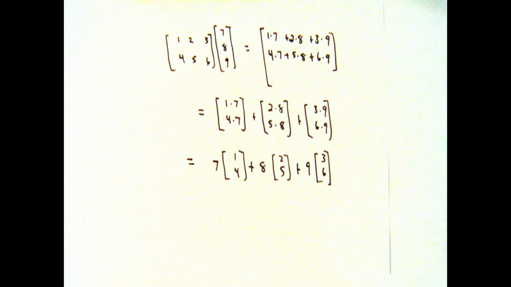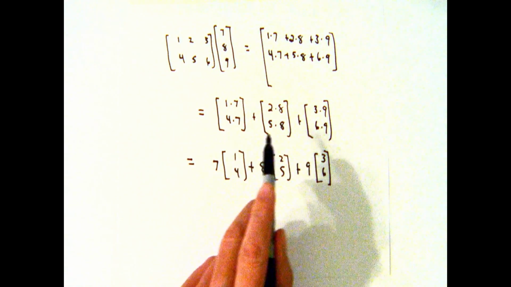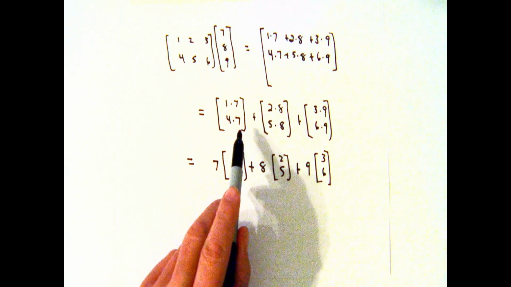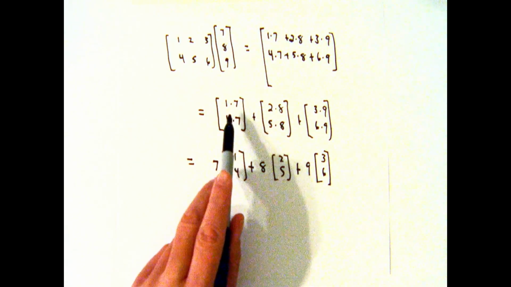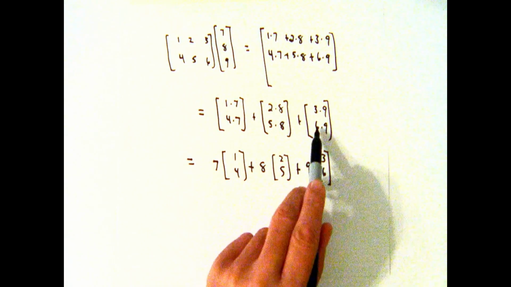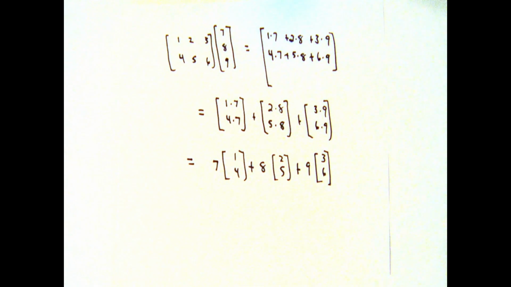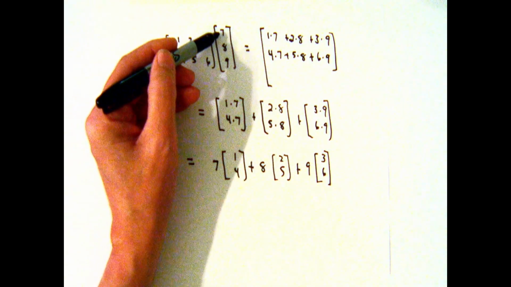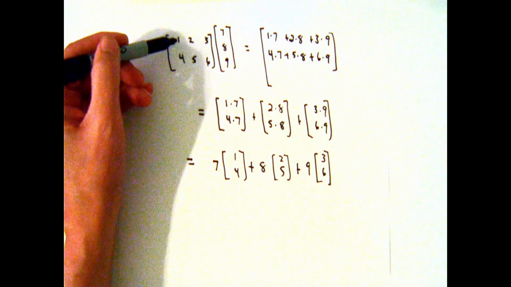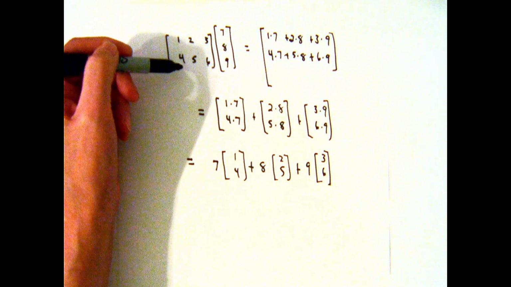I can split this up into the sum of these 3 columns, and in the first one, since there's a 7 in both chunks, I can pull a 7 out, an 8, and a 9 in this one. This is very revealing. Matrix times vector is the first number in the column vector times the column 1, 4, which is the first column out of the matrix.